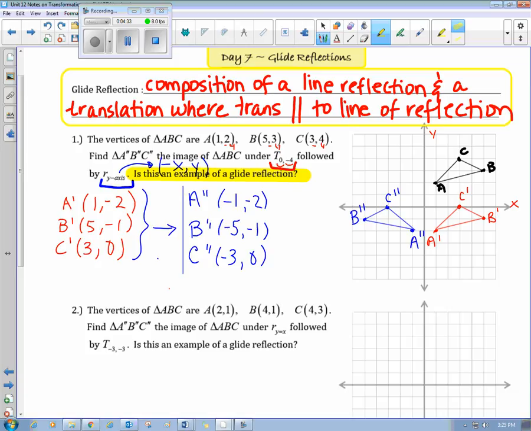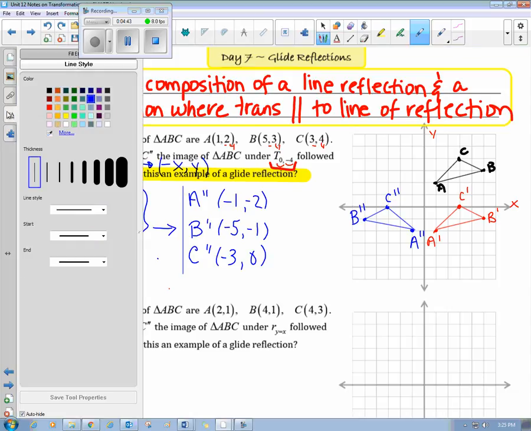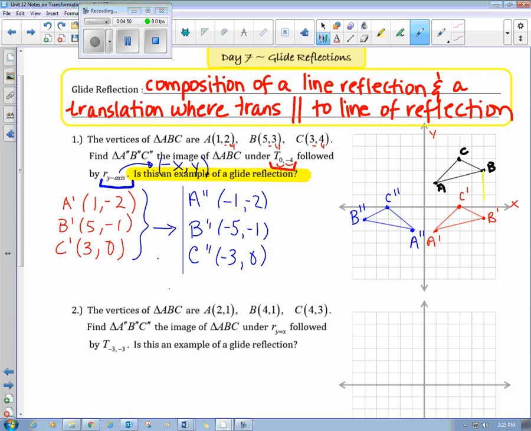Where was it that you slid the triangle from one to the other? And our slide occurred when we went from the first triangle to the second, because that's where our translation was. So our translation went like this. I'm going to draw in those lines of translation movement. So that's the first thing we have to look for.